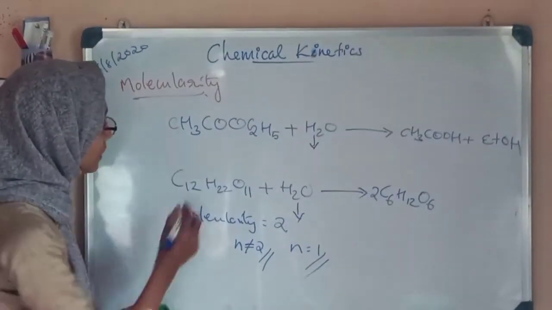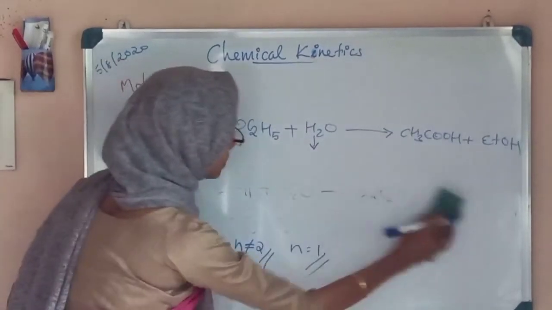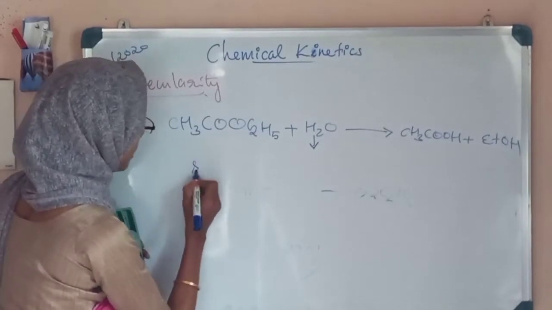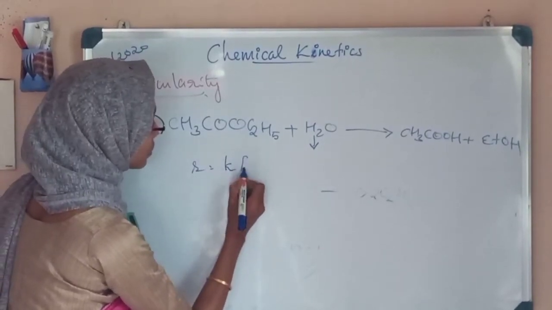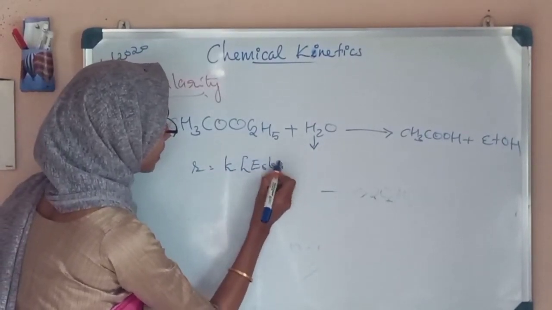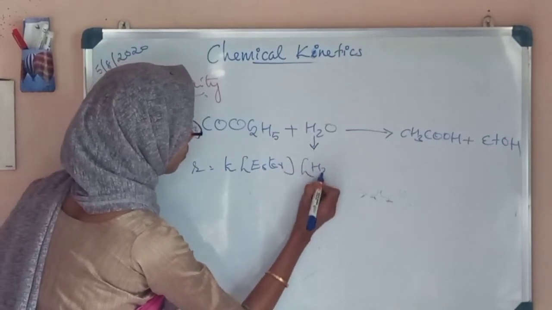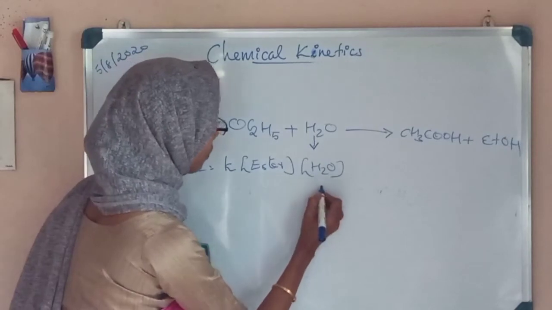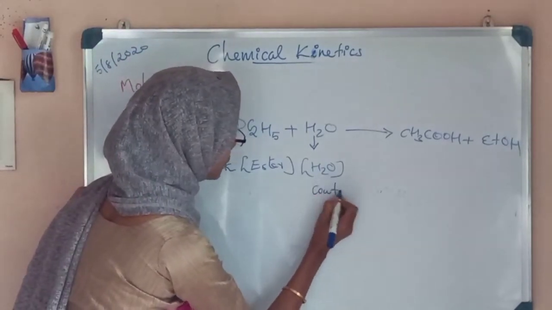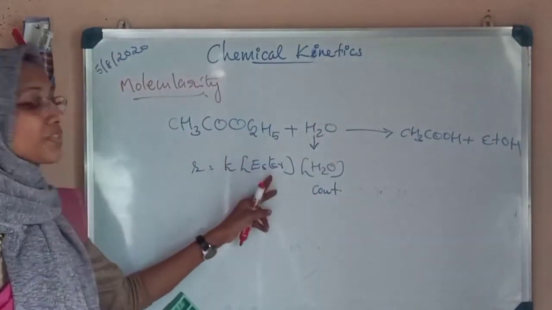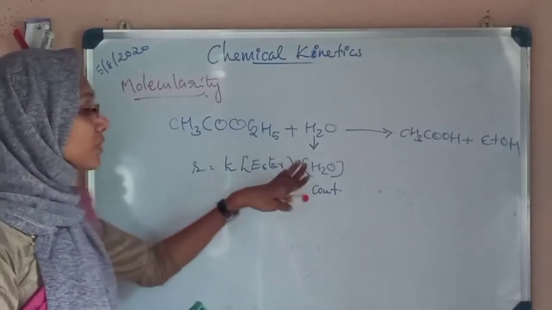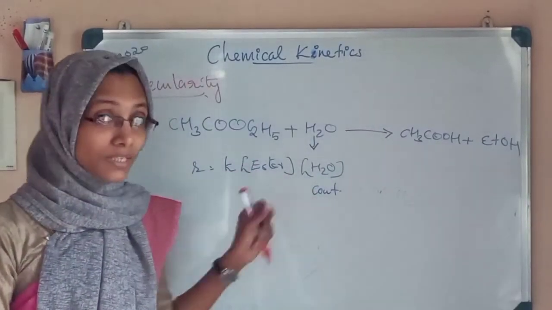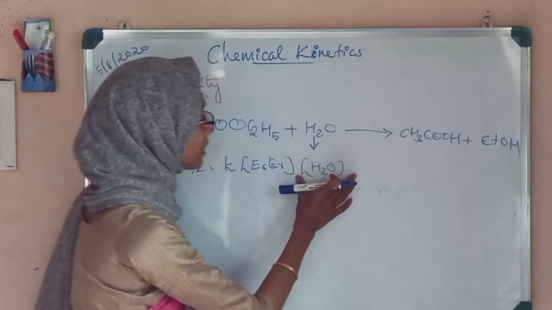We know that the rate of the reaction is expressed as R equal to K into the concentration of ester into the concentration of water. Here water is taken in large excess, so it is always a constant. The change in the concentration of water is negligible, so it is always a constant.